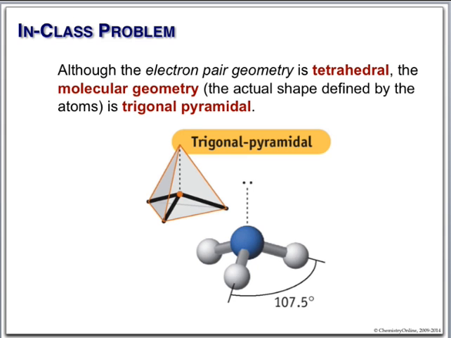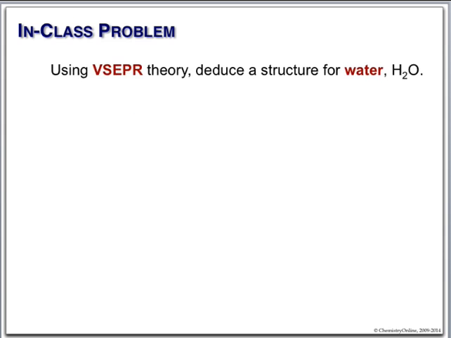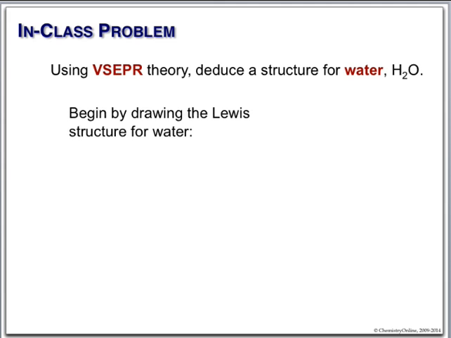Now, water is something that's going to be very important to us when we do acids and bases. Let's do the same exercise here with water. Water, oxygen is group 6, 6 electrons. Each hydrogen has 1. Our Lewis structure would look like this. Now you ask yourself the same question.